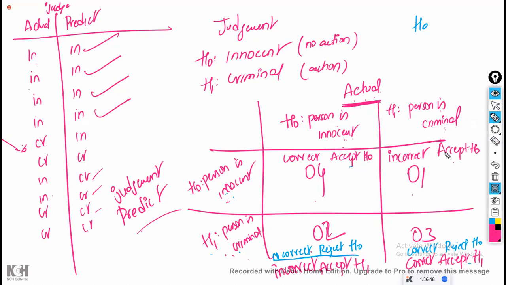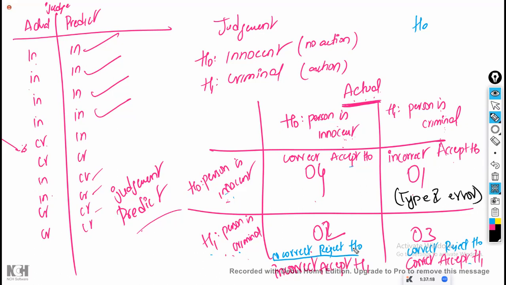This is the first time you are listening, so it might be confusing. Since it might be confusing, the name of this matrix is also called the confusion matrix, because it will be confusing something. Now, incorrect acceptance of H naught is called type 1 error.